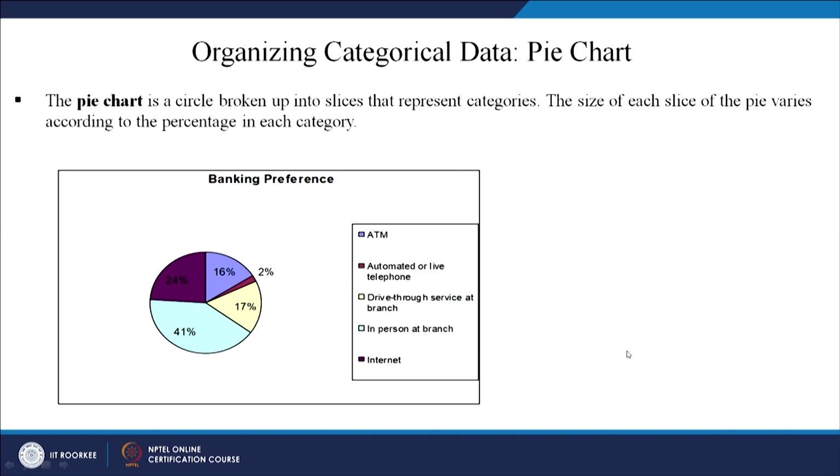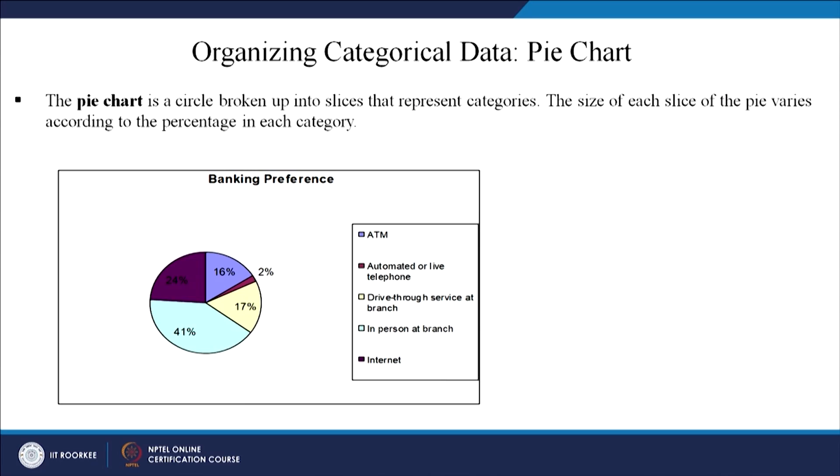The next one is the pie chart. A pie chart is a circle broken up into slices, and those slices represent different categories. Categories would be represented in terms of their frequencies or percentage frequency, or cumulative percentage and so on. Let us look at this.